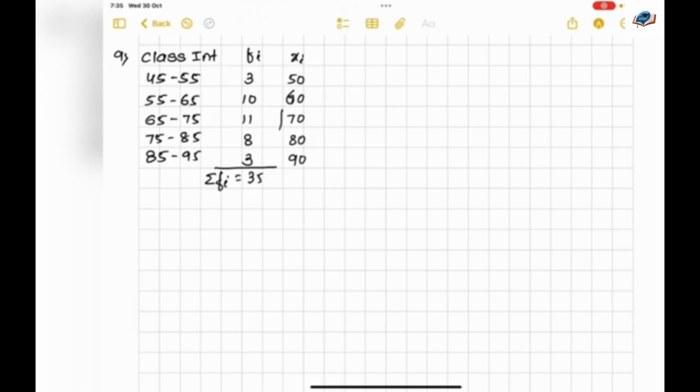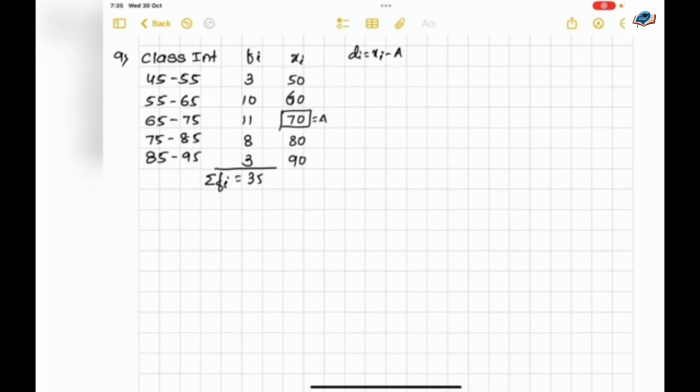Now I am using the ui method or step deviation. So A I have selected. Now di equal to xi minus A. So 50 minus 70 will be minus 20. This will be minus 10, 0, 10 and 20. ui will be equal to di upon h.